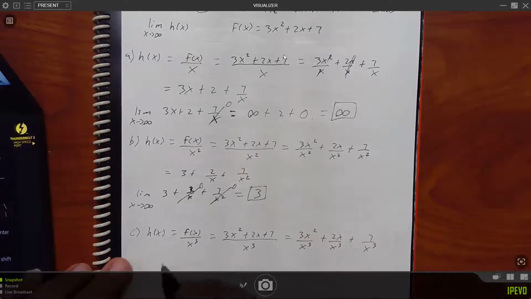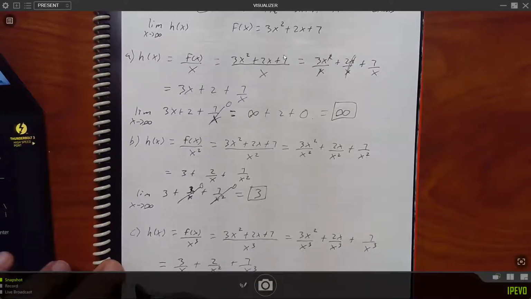So this will all reduce to leaving you with 3 over x plus 2 over x squared plus 7 over x cubed. So when you take the limit, what do you expect? It would be 0. Yeah, each one is 0. That's our limit.